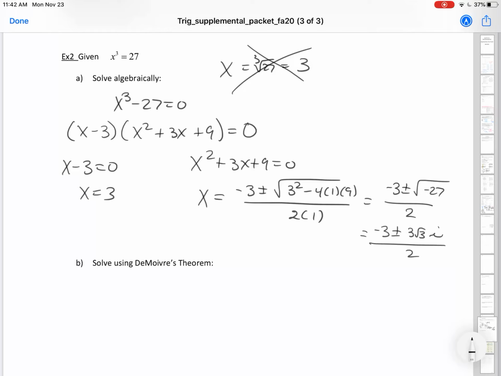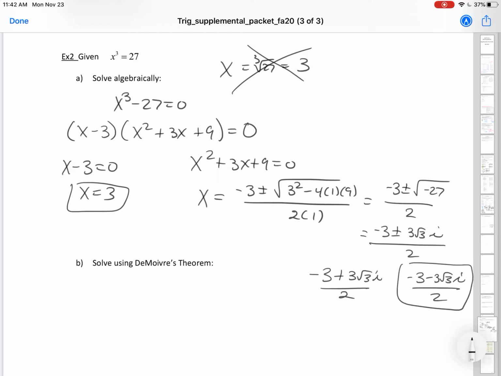And so what are the two other solutions? Here's one: negative 3 plus 3 root 3i all over 2. And the other is negative 3 minus 3 root 3i all over 2. So the three numbers are the three cubed roots of 27. Solving that equation, there's three numbers that you can plug in there that will all work.